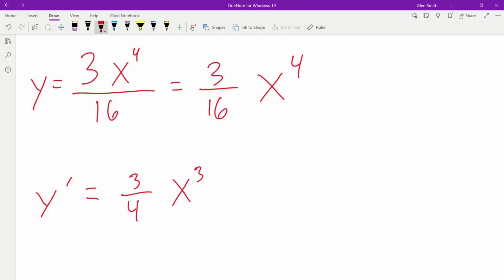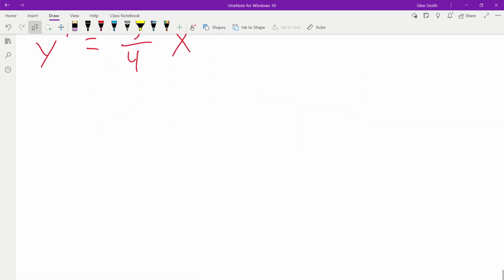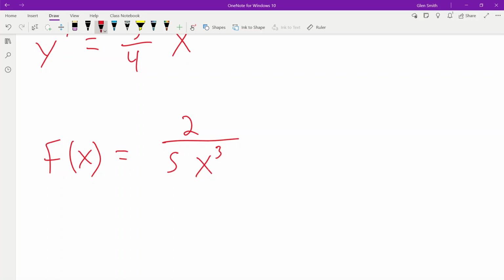So that's one thing, okay? We got that going on. Fractions work super duper nicely with multiplication. Addition, not so much. We'll talk about that later. But are we okay with that one? You can pull the x off the top and just make it a coefficient times x to a power. The same thing is true if you see something like this. If x is in that denominator and there's some numbers floating around, but it's all multiplication, that is the same thing as 2/5 x to the negative third.